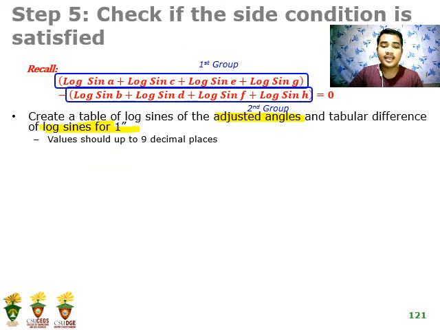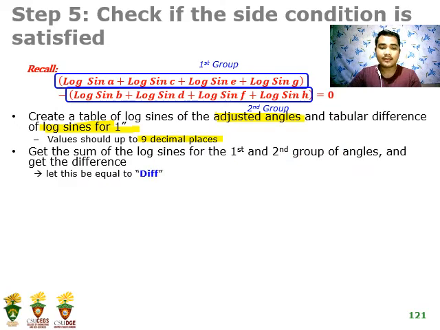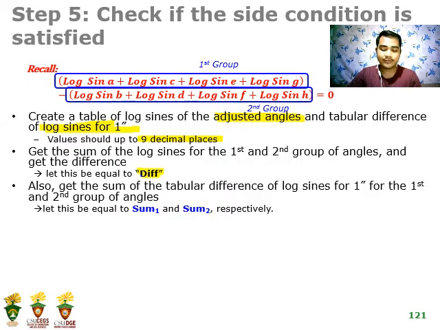Please take note that the values you calculate must be in 9 decimal places. Get the sum of the log sines of the first and second group of angles and get the difference. Let this be denoted as DIFF.